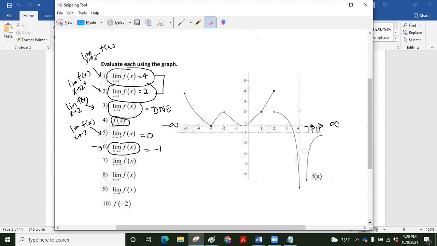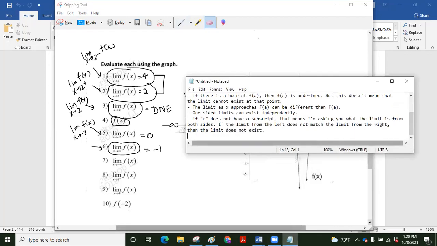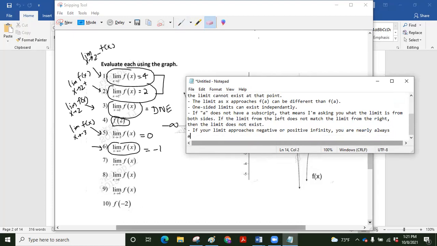So I think this should be cleared up here. Let me go ahead and make a note of this: if your limit approaches negative or positive infinity, we're nearly always approaching an asymptote.